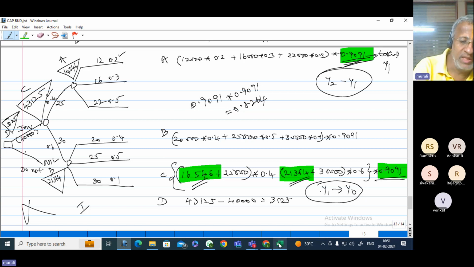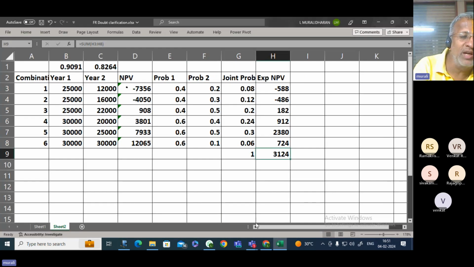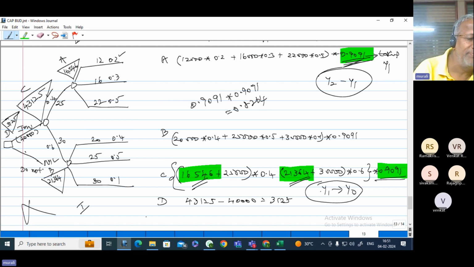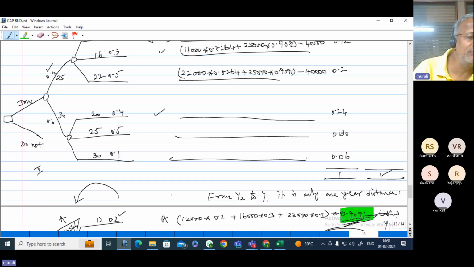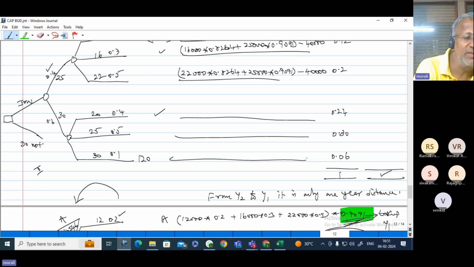Right. Next one, next question. Have you understood the reason behind my giving two different alternatives? Why you have got to do it the first way, and why in the second way? So now, what will be the best and the probability of that occurrence? The best one comes from the last combination, combination C. How much do you get? 12,065.